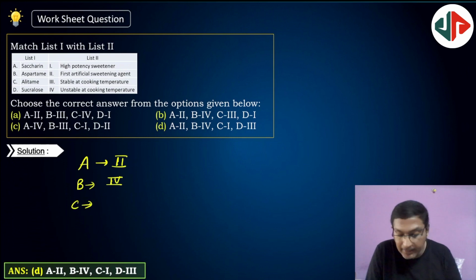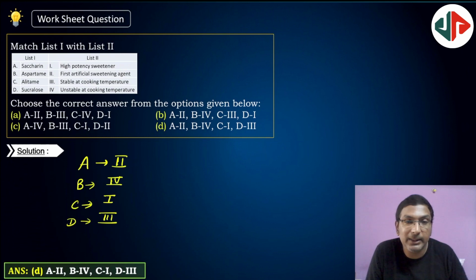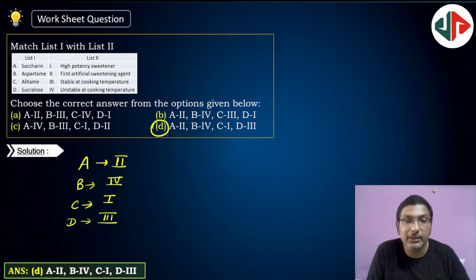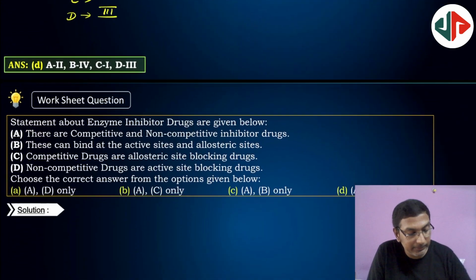C, allicin, which is 1. D, sucralose, option 3, which is stable at cooking temperature. 2, 4, 1, 3. Option D. Direct question. Next.